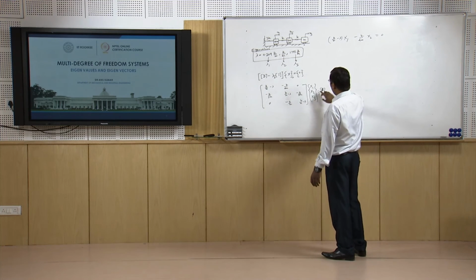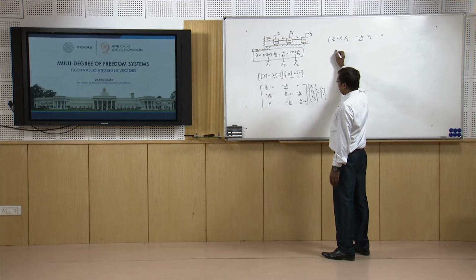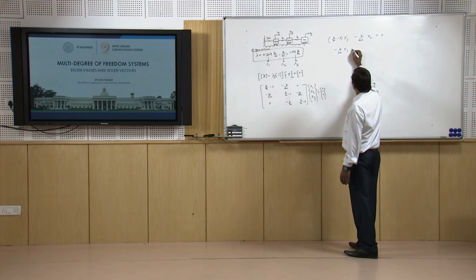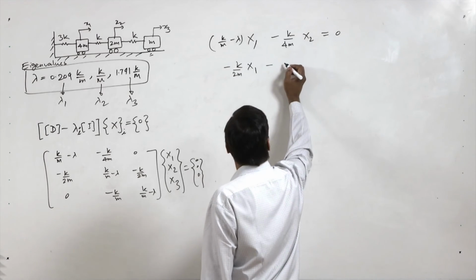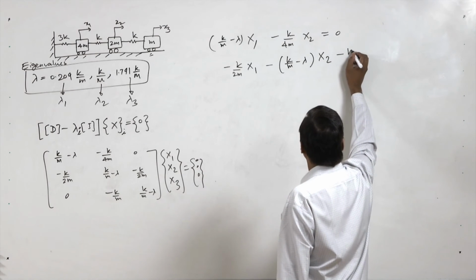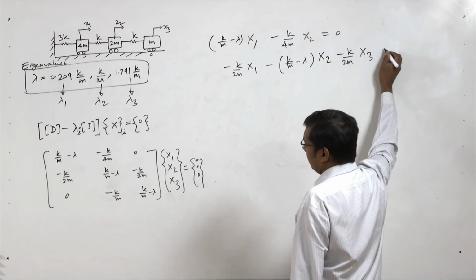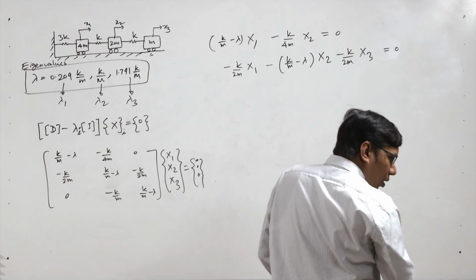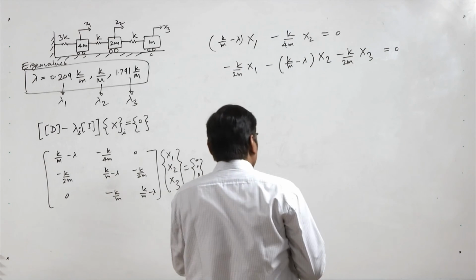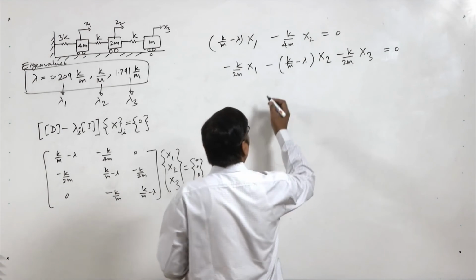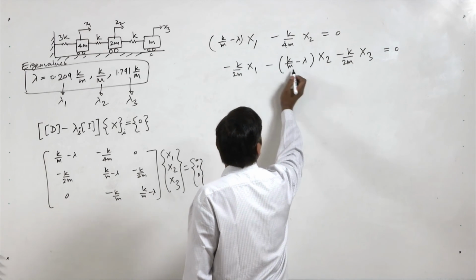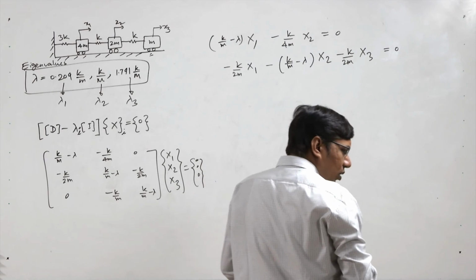Then we can write minus k by 2m x1 minus k by m minus lambda x2 minus k by 2m x3 equal to 0.